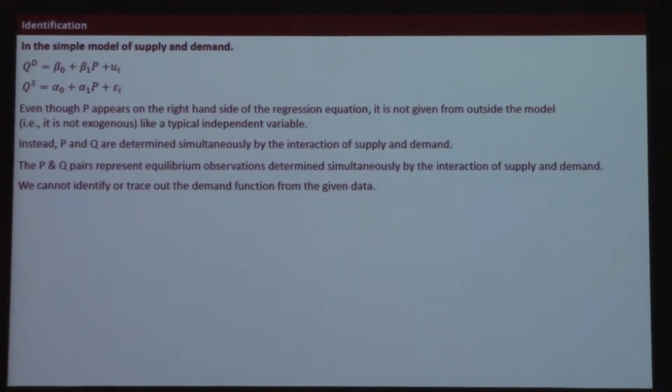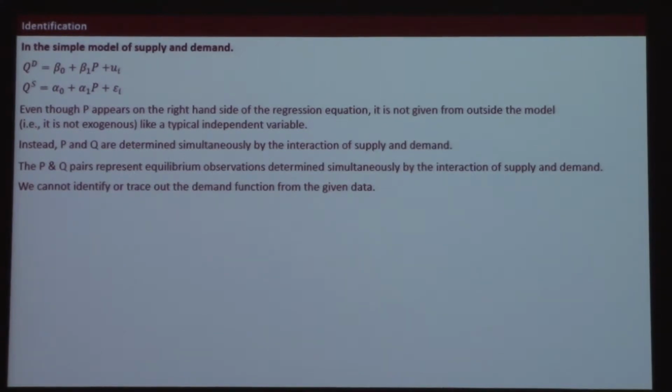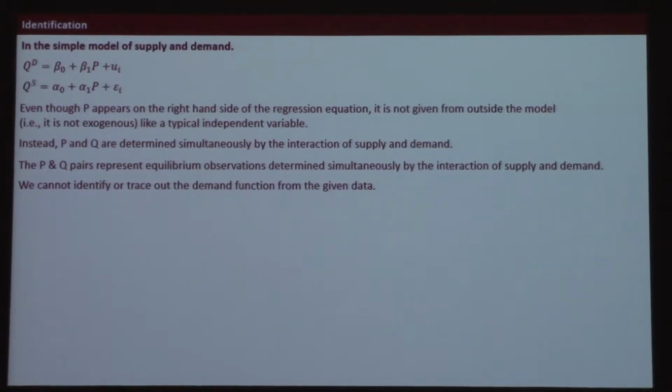Okay, so let's say that something truly exogenous occurs, like a fire happens. It wipes out a bunch of the supply of houses. So the supply of houses shifts back, and both price and quantity get affected.